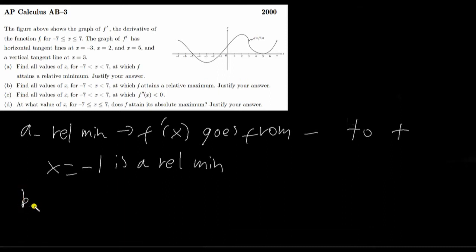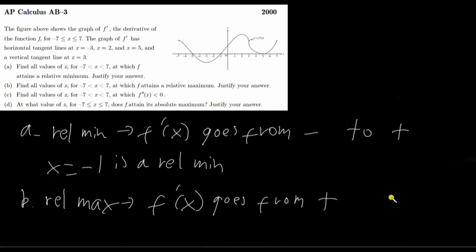Okay, and then part B, very similar. They switched out the word minimum for maximum. So at a relative maximum, f prime of x, instead of going from negative to positive, this time it's going to go from positive to negative. So where does the graph of f prime of x go from positive to negative?